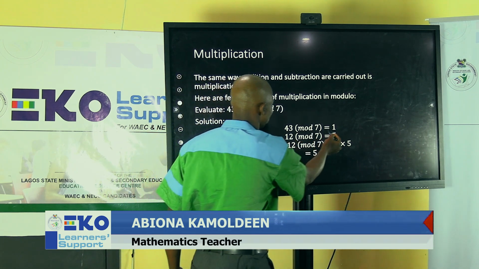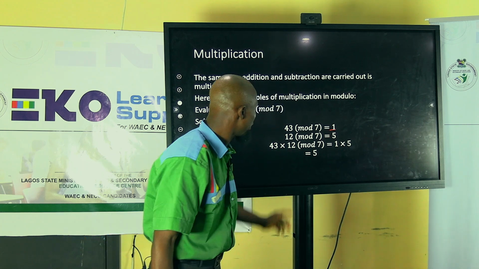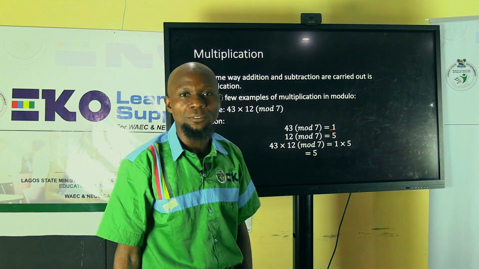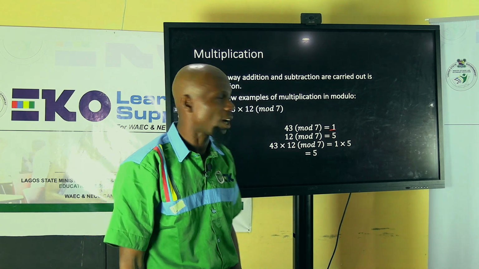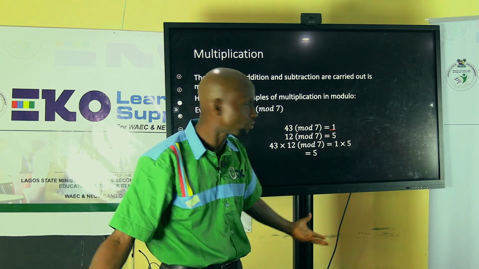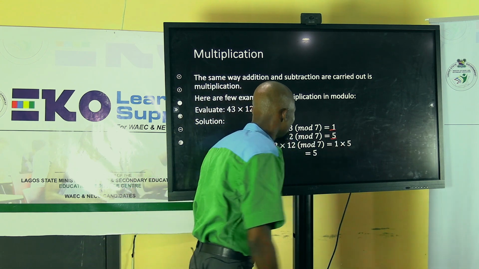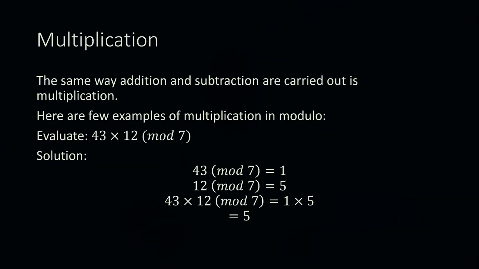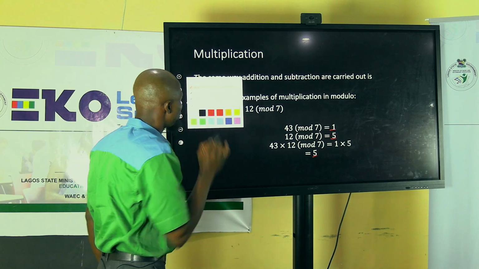So 43 minus 42 is 1. Then 12 modulo 7, what would that be? Divide 12 by 7. What's the remainder? It is 5. Good. Then the next thing is to multiply the answers. So 1 times 5 is 5. So that is how you do that.